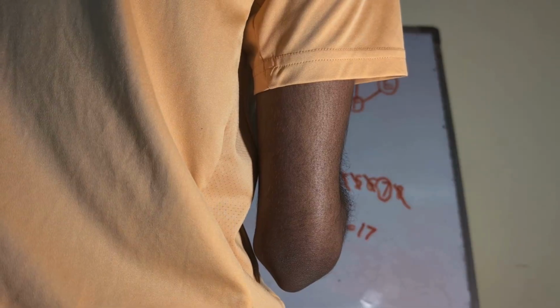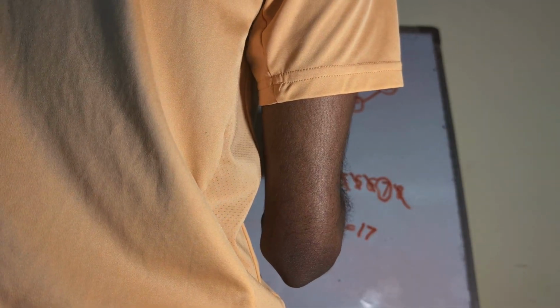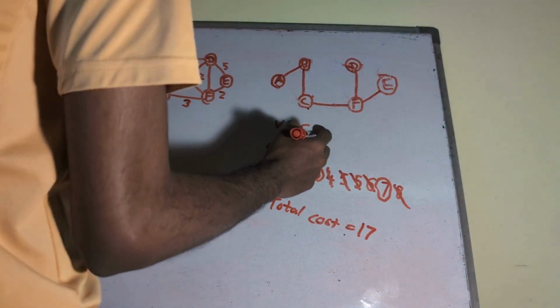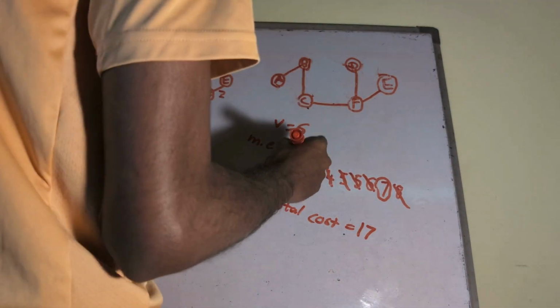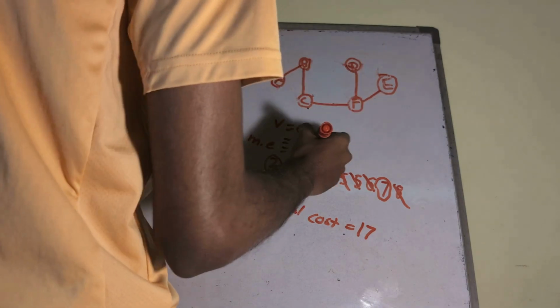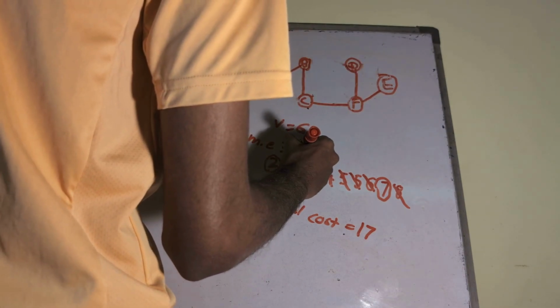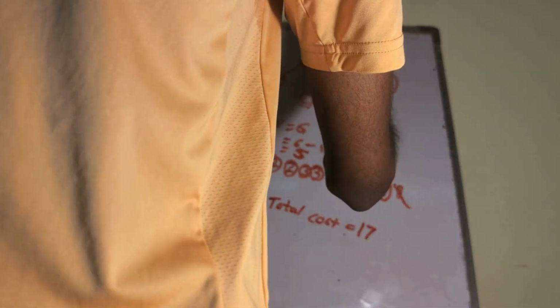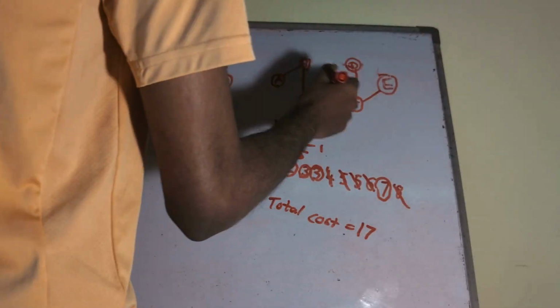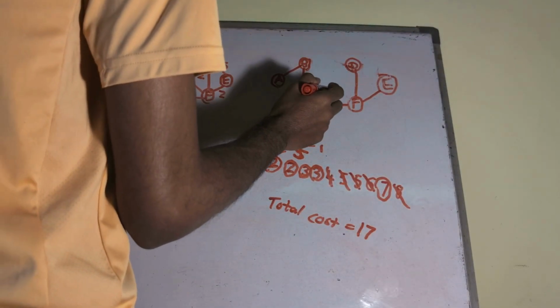You can get the minimum edges, 1, 2, 3, 4, 5. This 5 is here. The minimum connected edges you can get is 5. You can see this graph has 1, 2, 3, 4, 5.